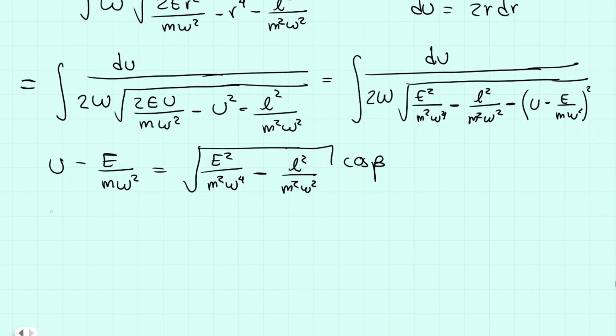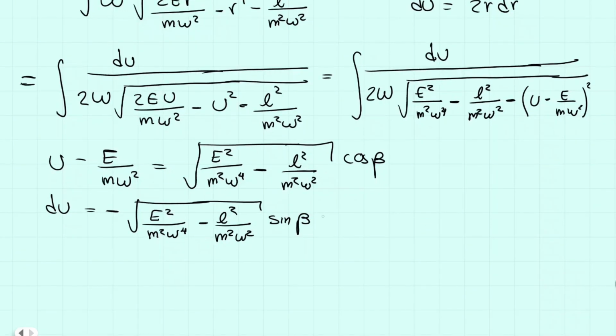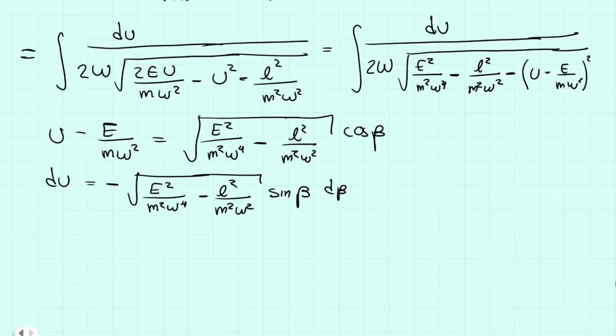And if we calculate du, it will be negative the square root of E squared over m squared omega to the fourth minus L squared over m squared omega squared times sine of beta d beta, of course. So our integral is going to be now this whole thing.